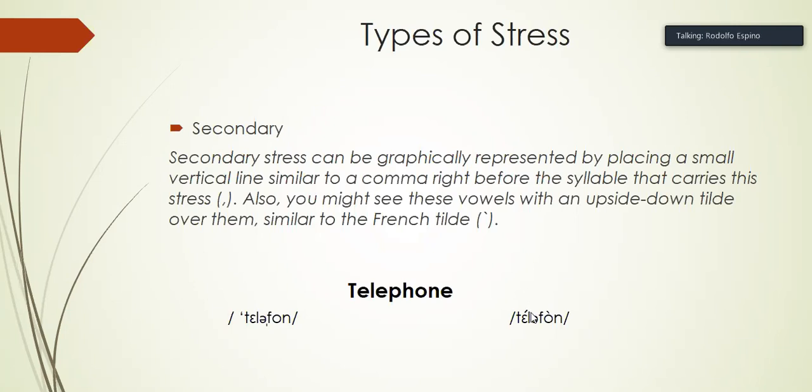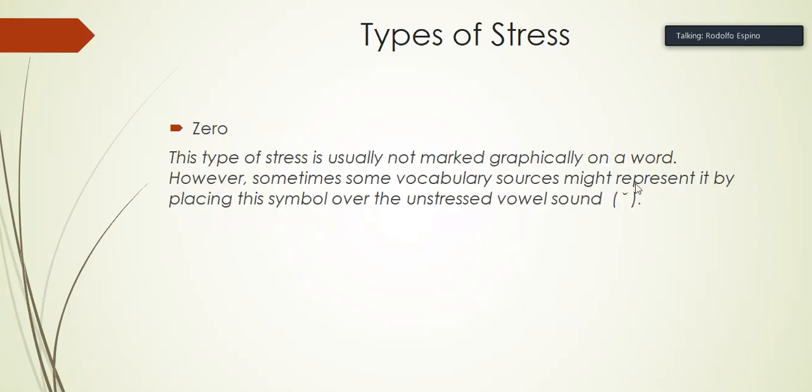sometimes you get like a curved thing on top of the unstressed syllable, a curved thing like this, okay? So sometimes you will see this over the vowel, over a specific syllable in a word. If you see this, it means that specific syllable is totally unstressed.